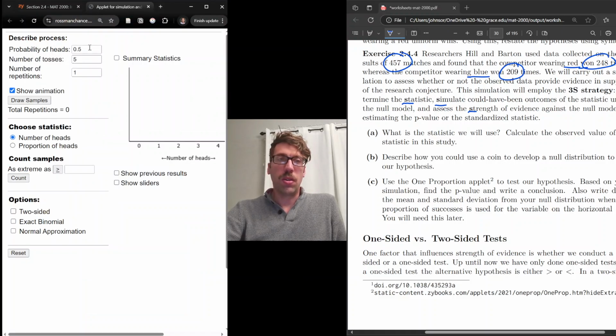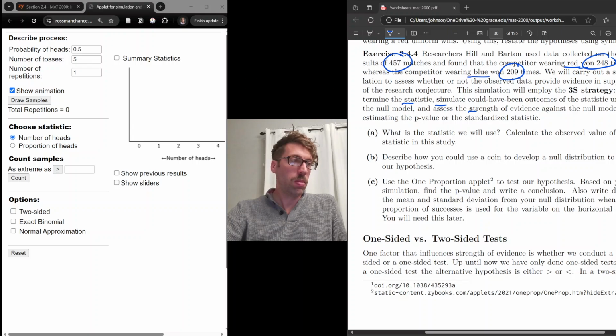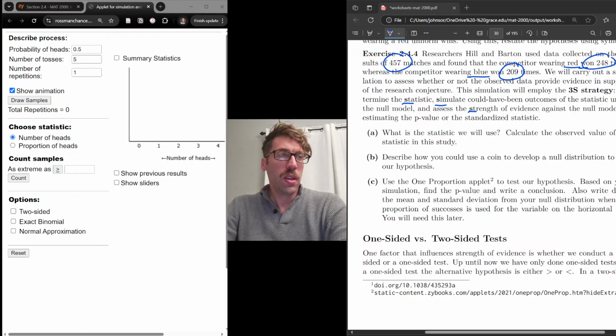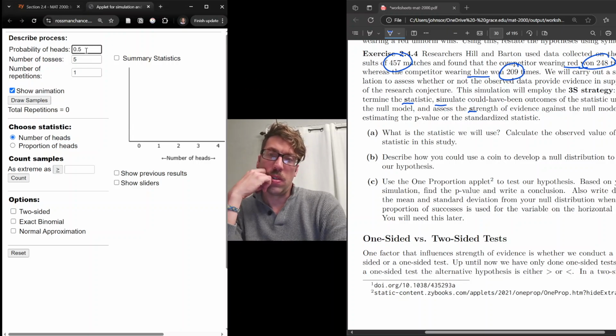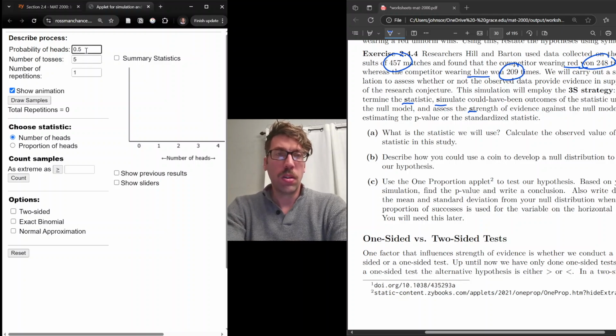In this case, if the null hypothesis were true, then the probability of the winner of the match being a particular color would be 50-50, because color ought not to matter according to the null hypothesis.